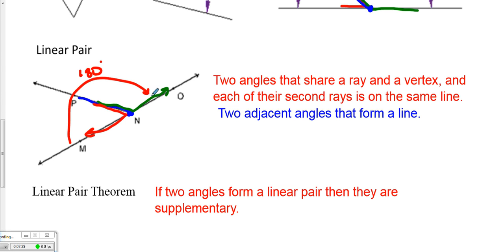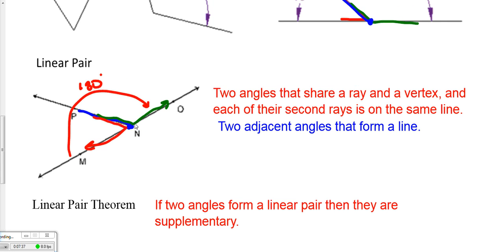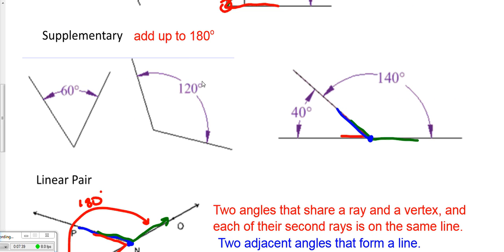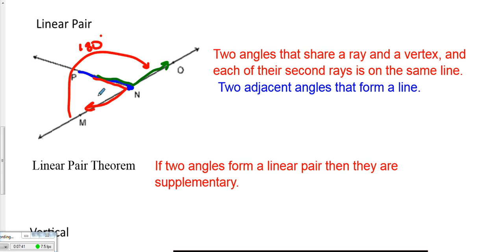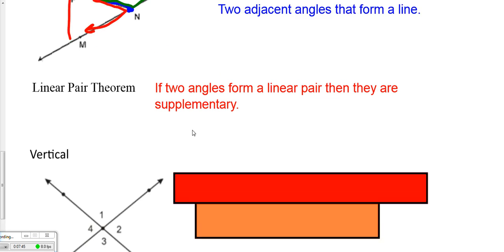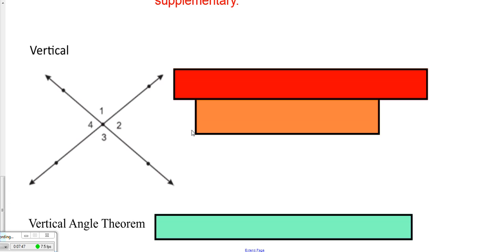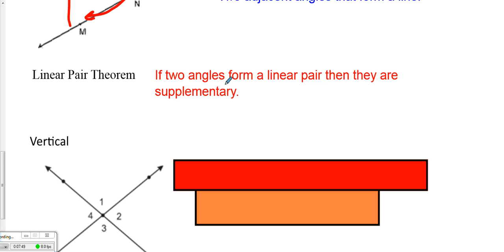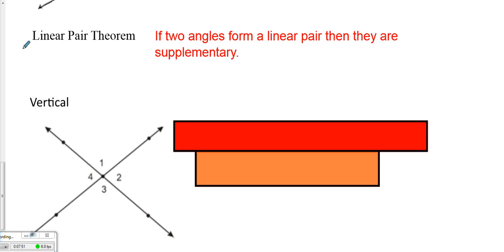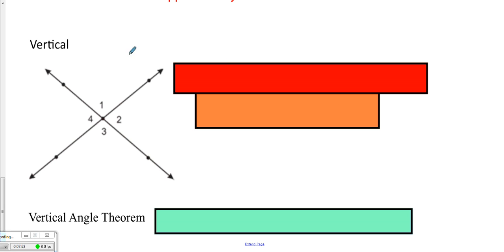So this green one and this red one should add up to 180 degrees, which means they should be supplementary. Remember, supplementary add up to 180. So if they are a linear pair, they add up to 180. They are supplementary. It seems like common sense, but it's just a theorem that we have to write in there.